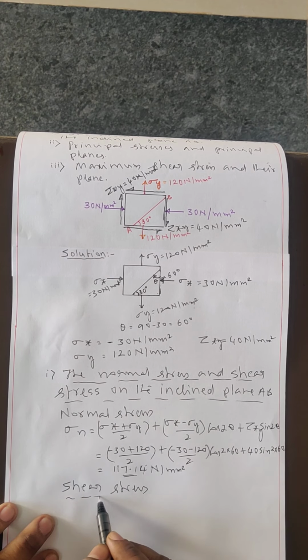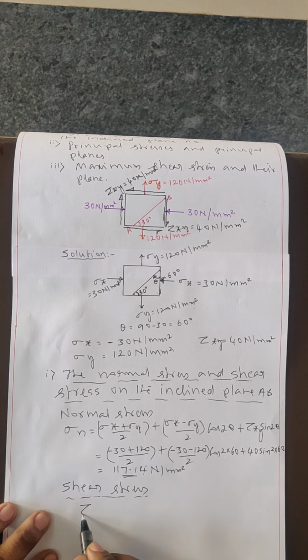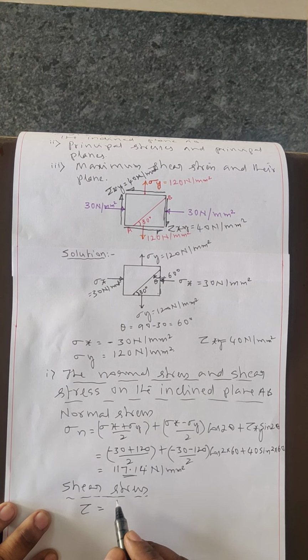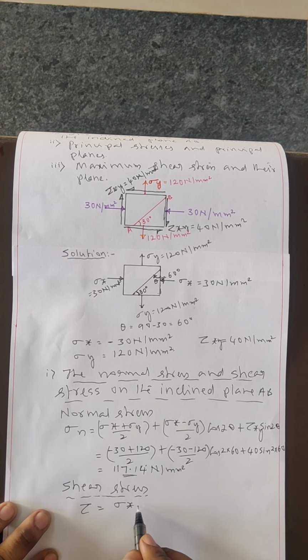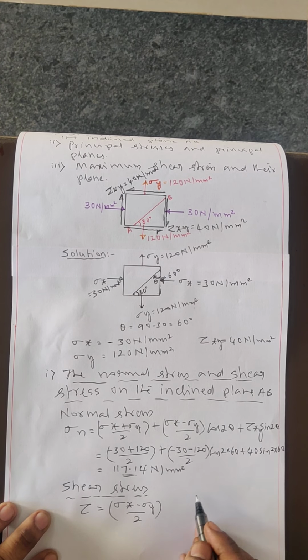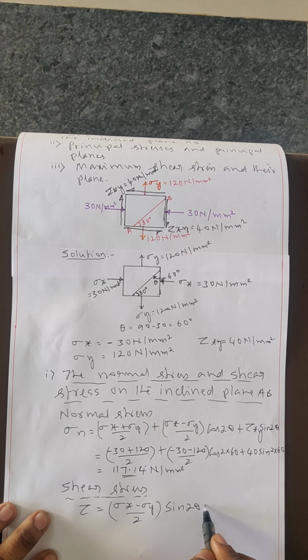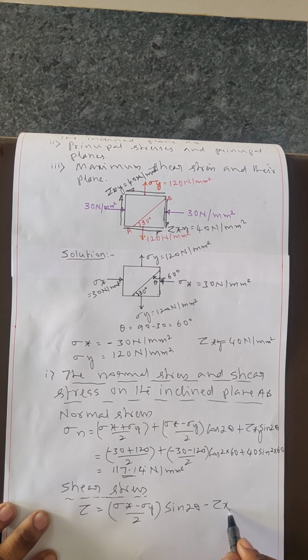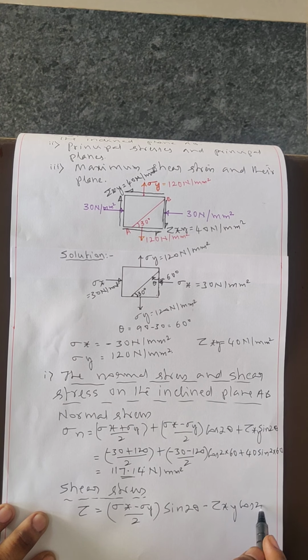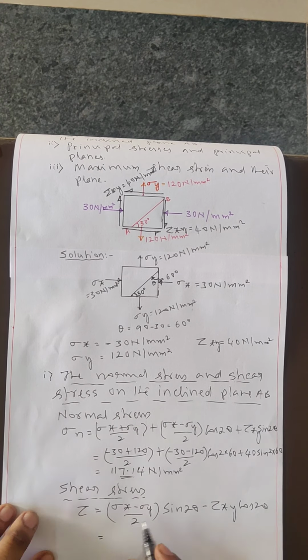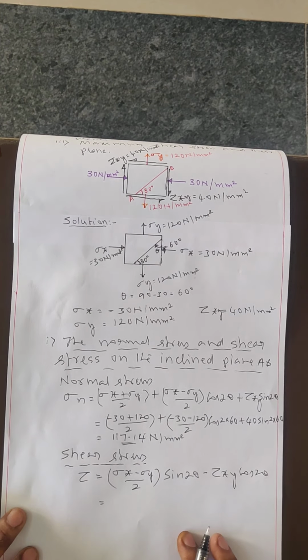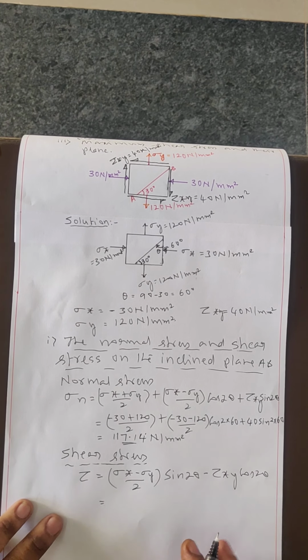Shear stress. We have shear stress tau equals sigma x minus sigma y by 2, sin 2 theta, minus tau xy cos 2 theta. We can do direct substitution.